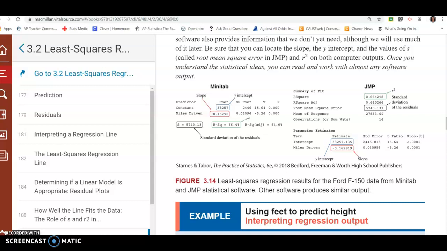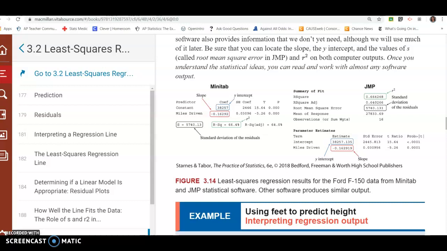The other values that are listed on the output would be useful for chapter 12 whenever we do our test of the slope. And so we would use the second line. So if you look at the miles driven line in either output, the standard error that's listed there, the 0.03096, we would need the T column, or T ratio, as the test statistic.